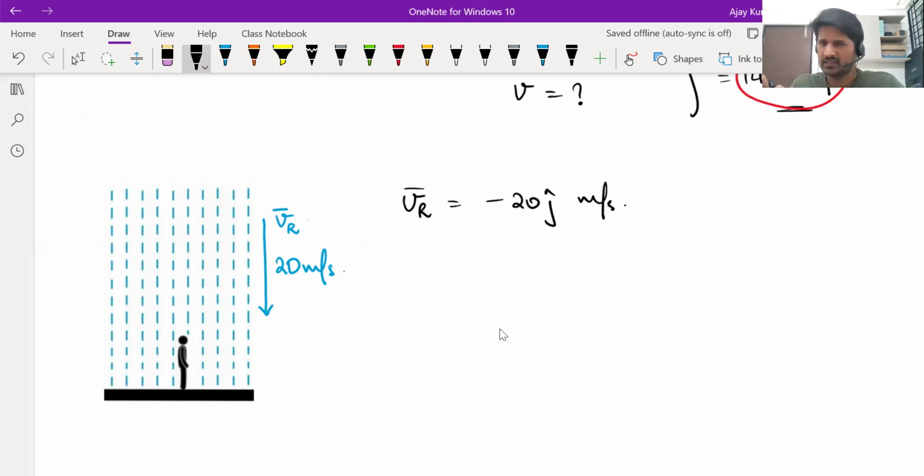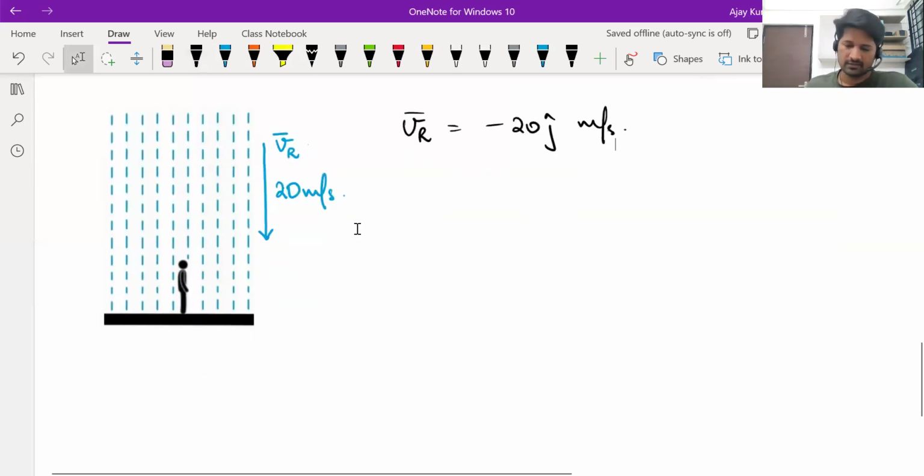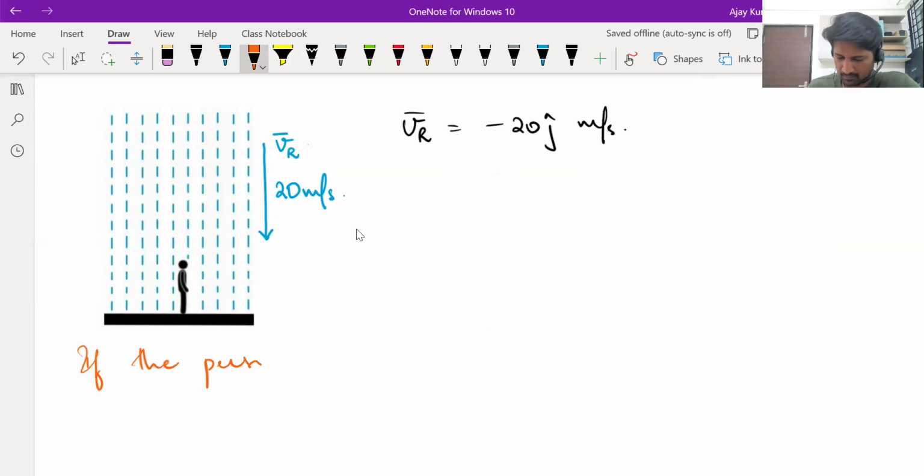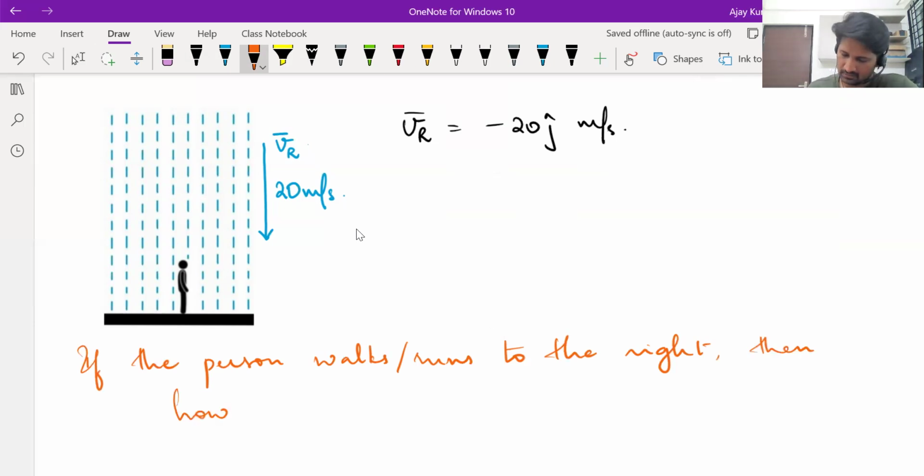See, some of you may have studied this already. Those who have studied, don't answer. Others try. If the person walks or runs to the right, or they may even drive, you imagine they are inside a vehicle or whatever it is, then how will the raindrops appear to fall?